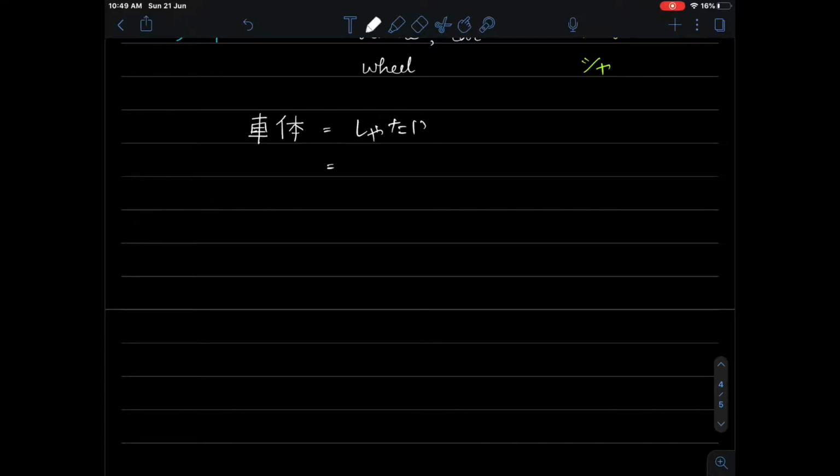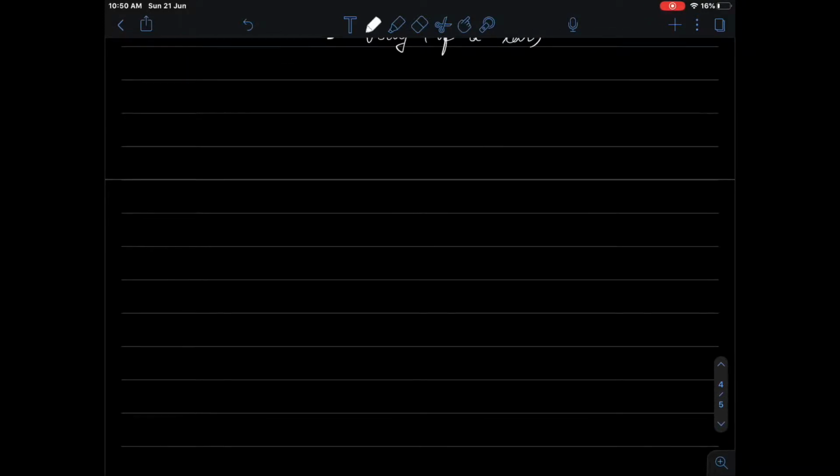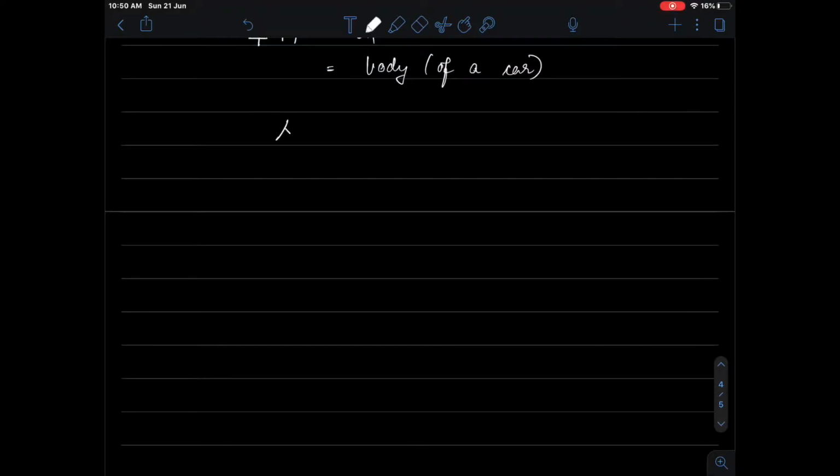Shatai, body and car, so this is body of a car. Okay, then let's have a look at the next word. Okay, this is jinrikisha.